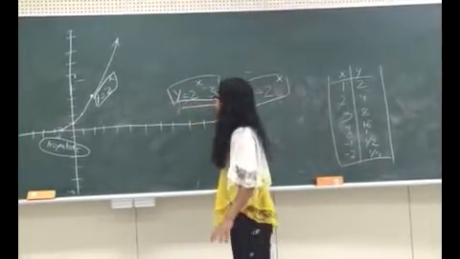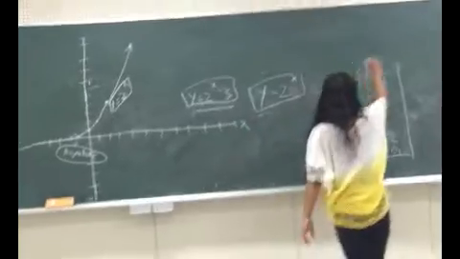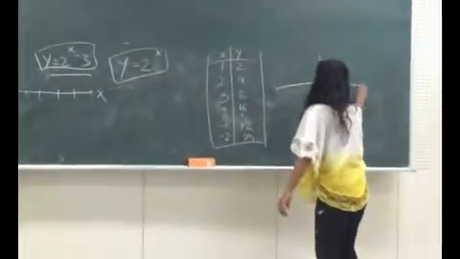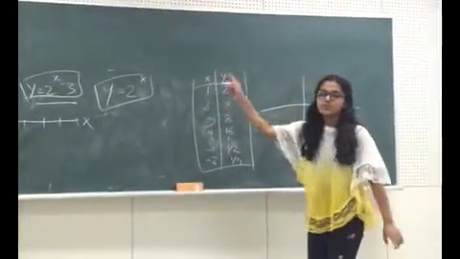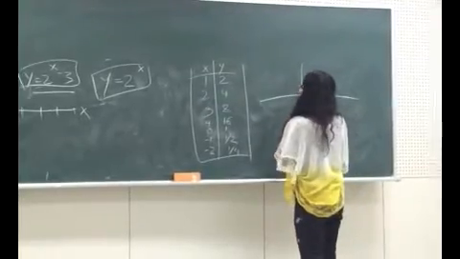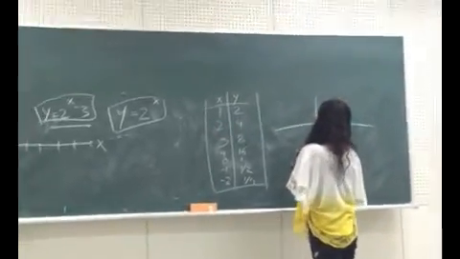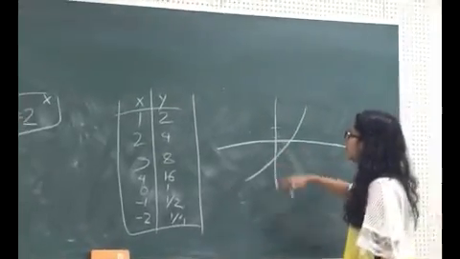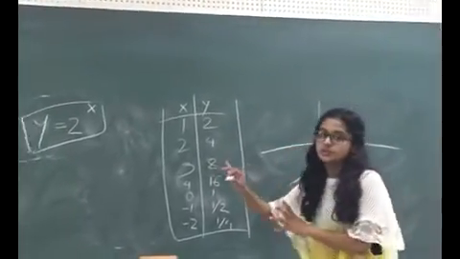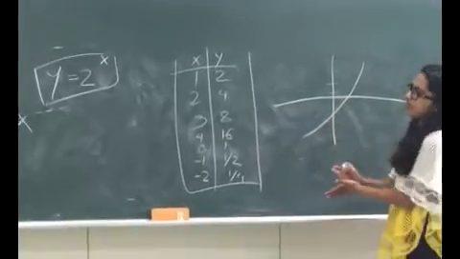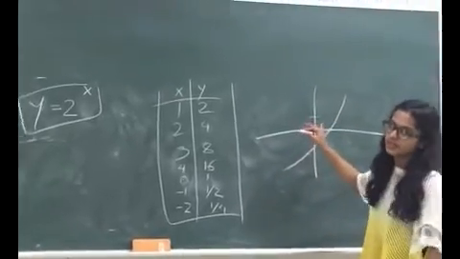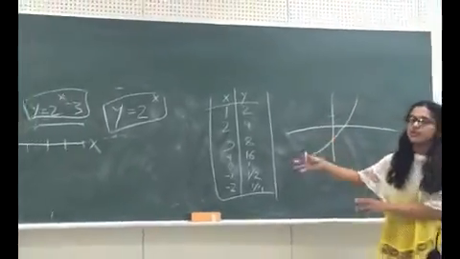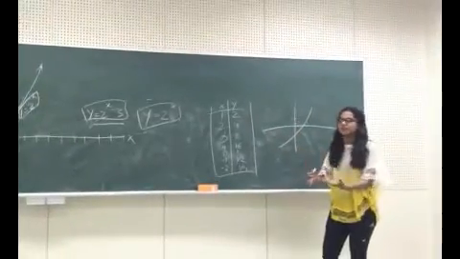But for this function, our graph will be the same, but it will shift 3 units below. So in this case, some of the values may become negative, but the asymptote will remain the same. That will never ever become 0.